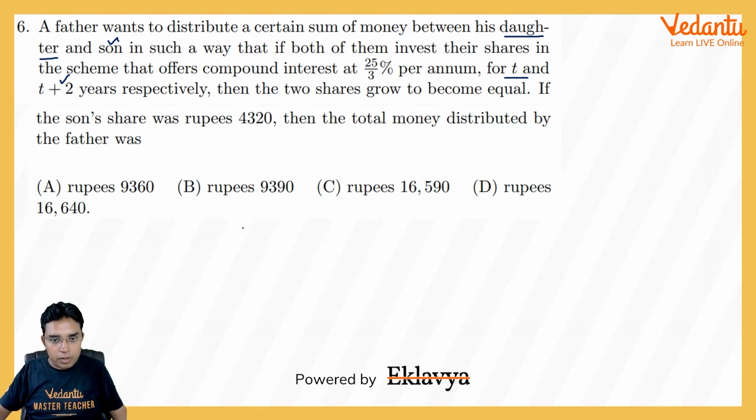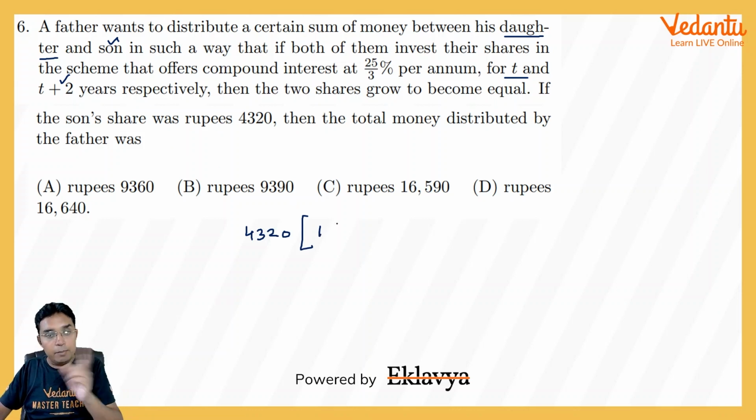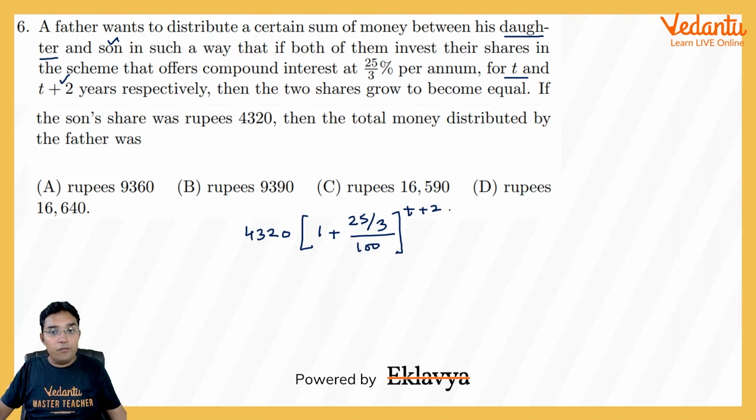So here you can think of that 4320 which was given to the son for T plus 2 years, and the formula for final amount in compound interest is 1 plus R by 100. So 25/3 upon 100 here, and this raised to the power T plus 2, that will be the amount which the son will grow after T plus 2 years.